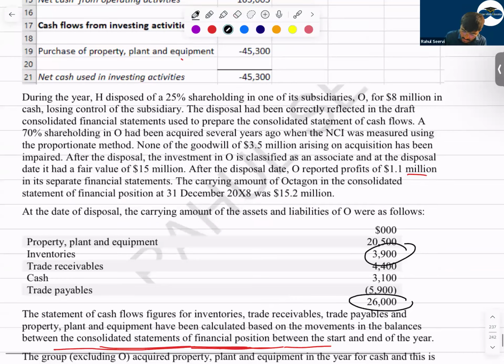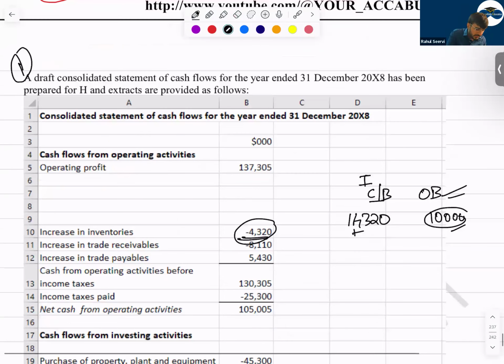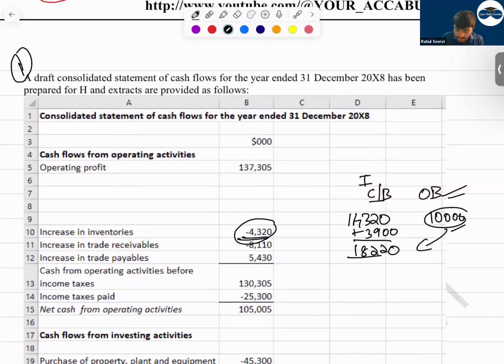I'll include 3,900. So how much is the value I'll get? 14,320 plus 3,900 is 18,220. So how much is my difference? My increase in inventory should be 8,220, but they have recorded 4,320. Understood everyone? Follow this approach, you will not make mistakes.